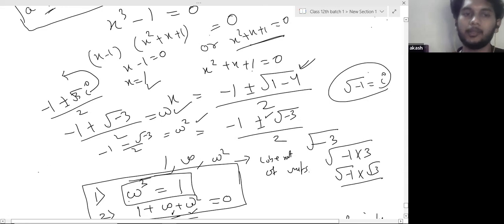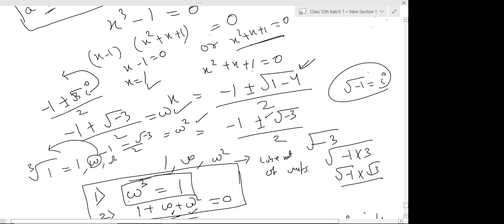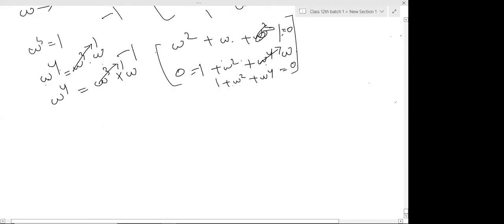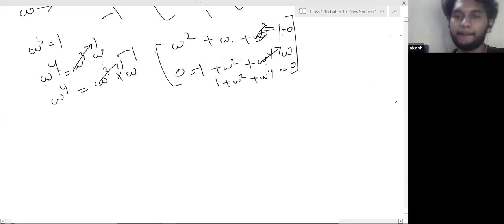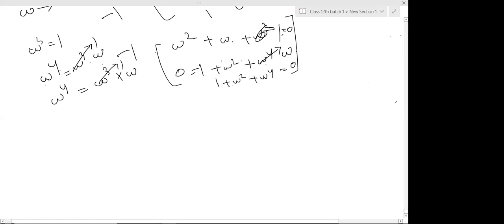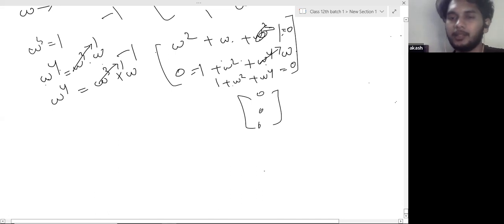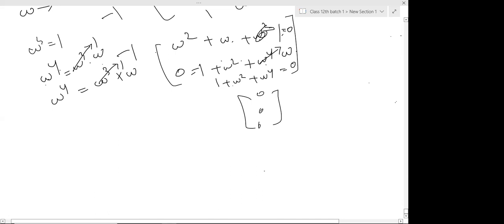Because if you take the cube root of 1, what do we get? 1, omega, omega square. So omega cube is 1. All right. Shekani, this is clear? Yes. All right. So this way you can prove this is equal to 0, 0 and 0. All right. This question is clear, everyone? Yes, sir. All right.